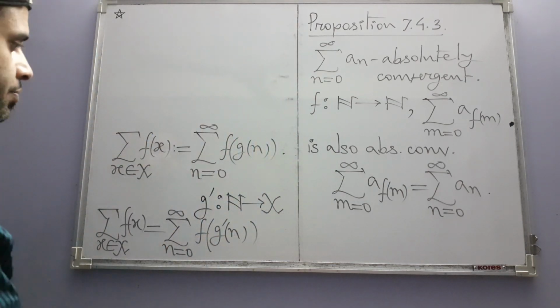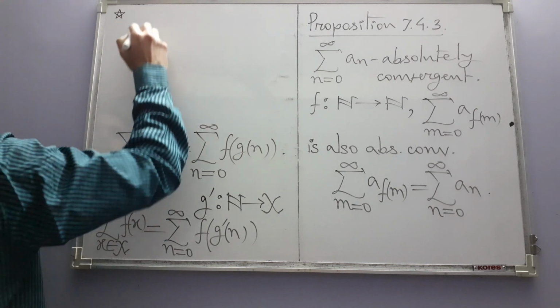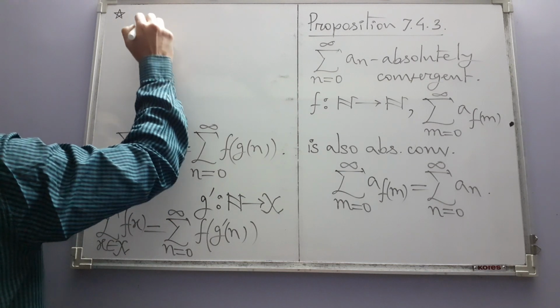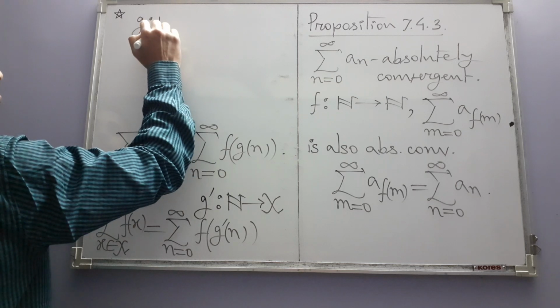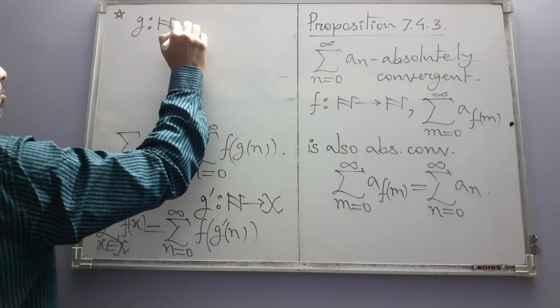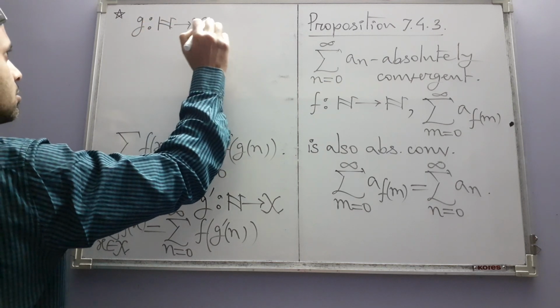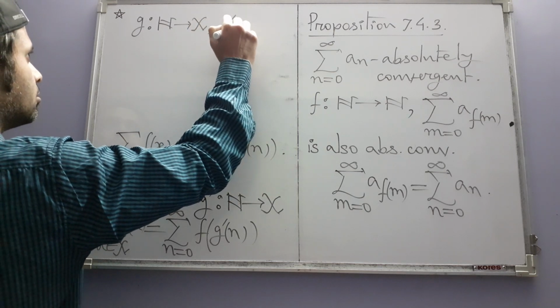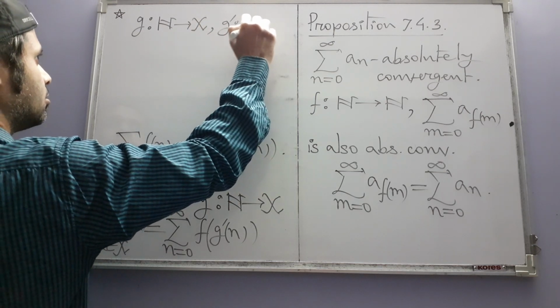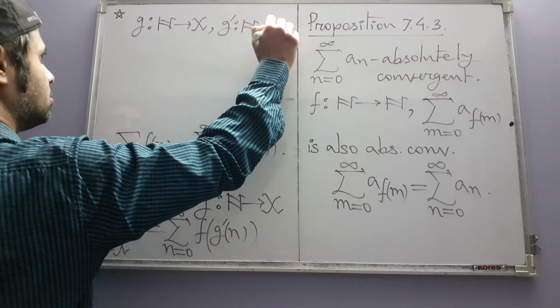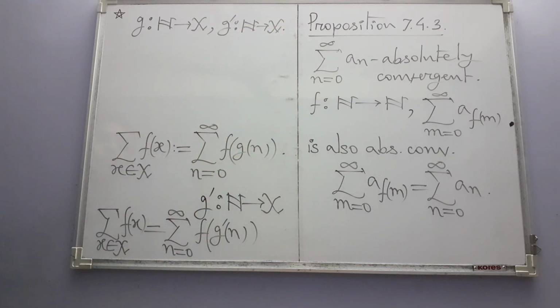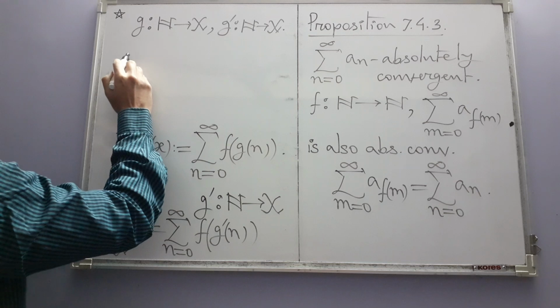But how? Okay, so let us again write the two functions. Our original g was a bijection like this, and g prime is also again such a bijection. Now that means what?